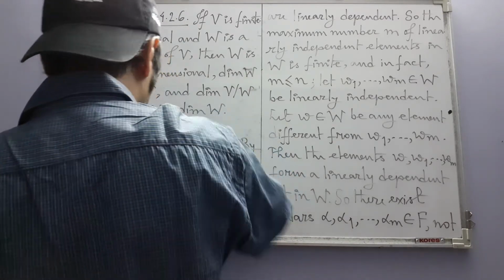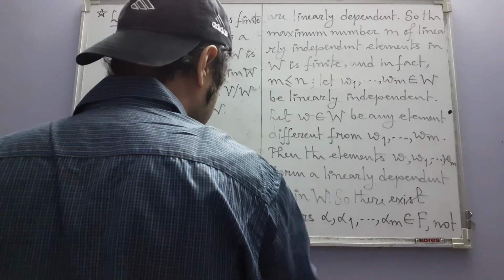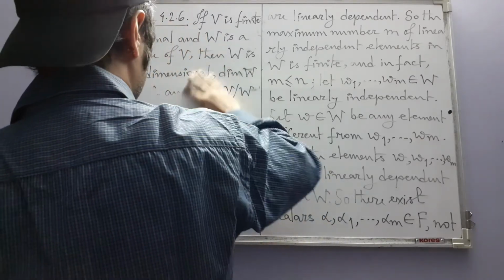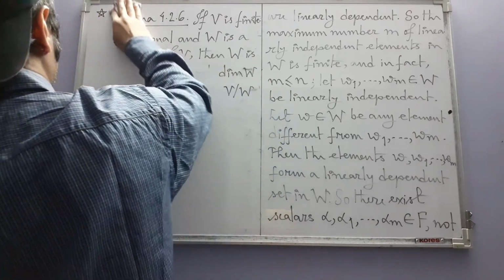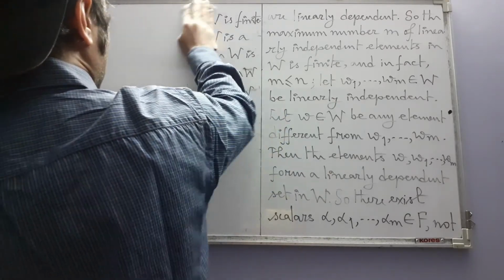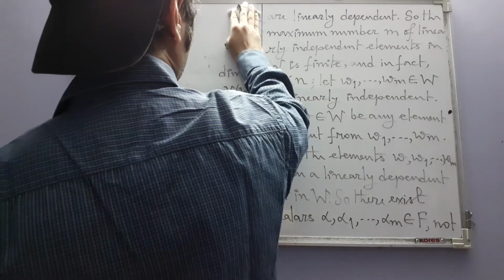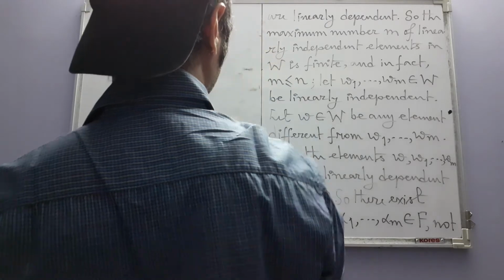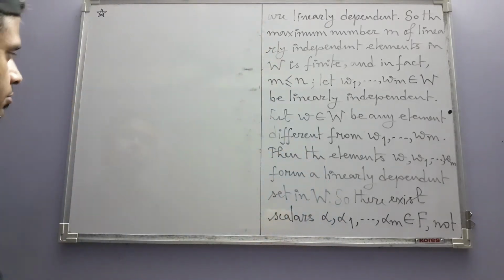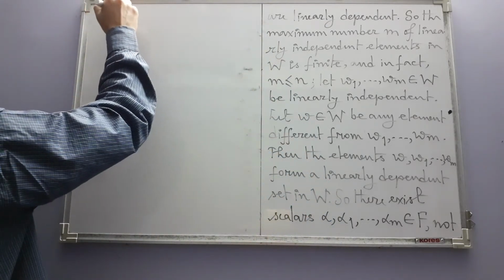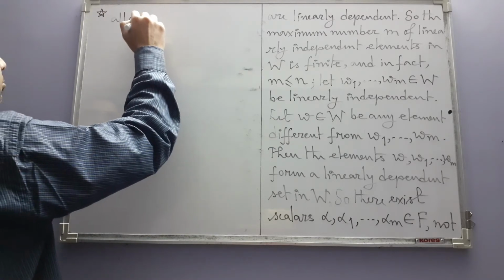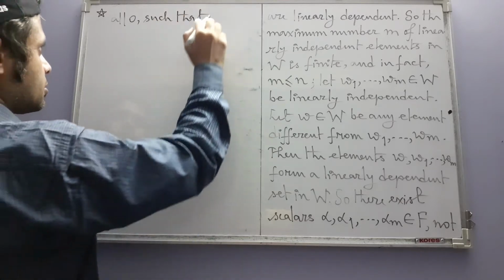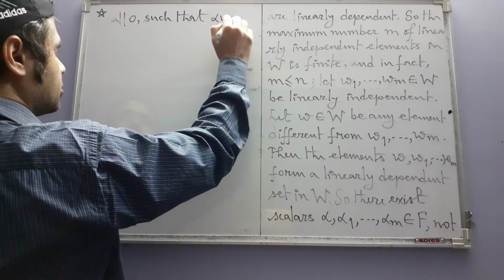We are now using the definition of linear dependence, such that this linear combination is 0.